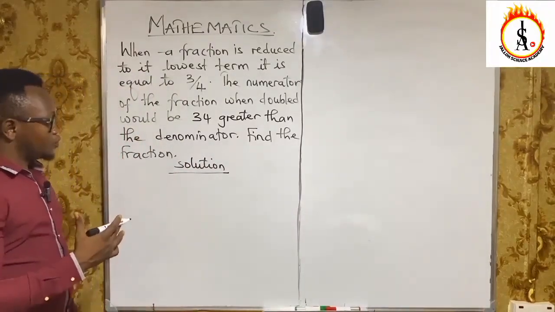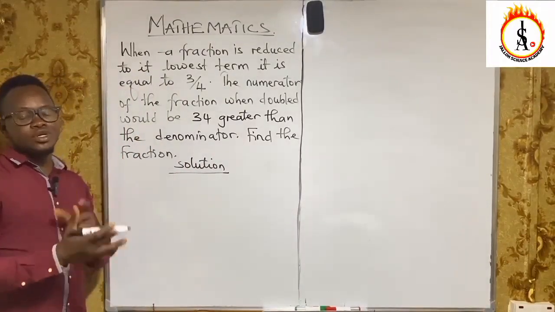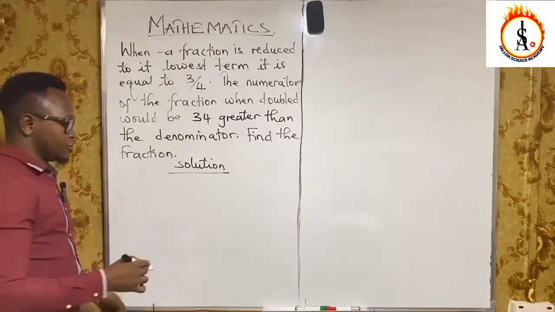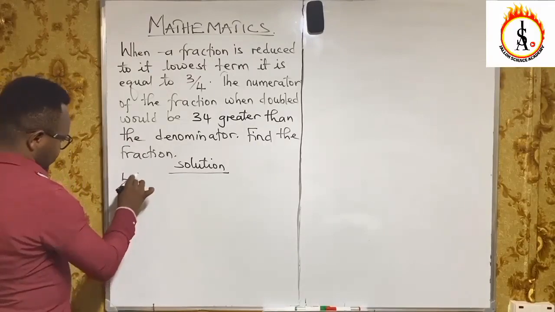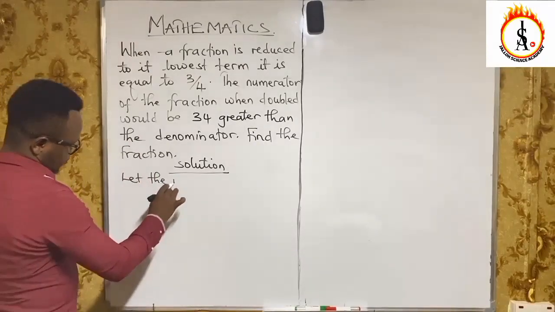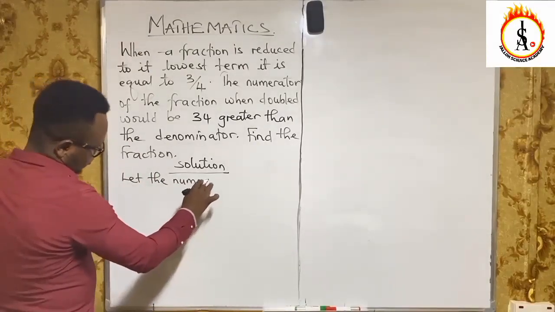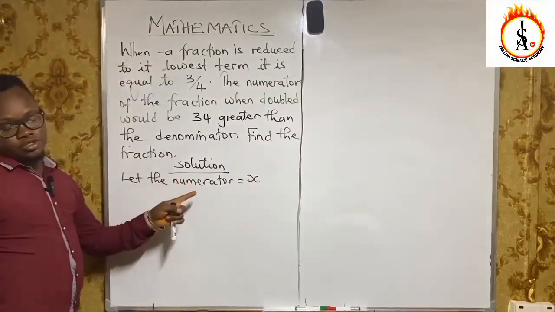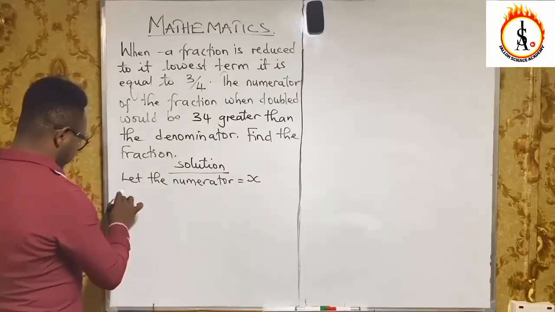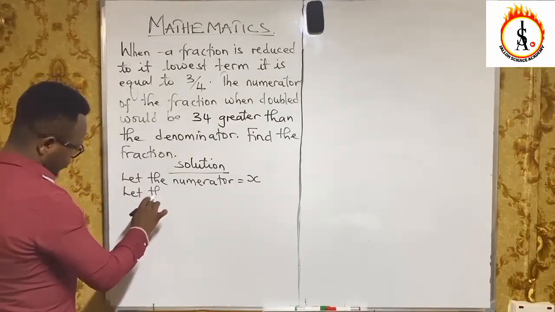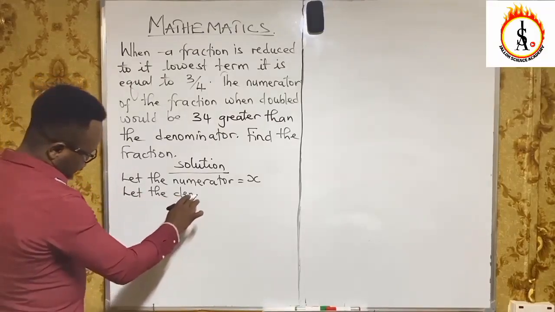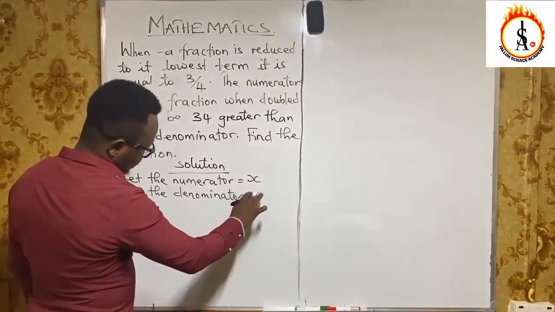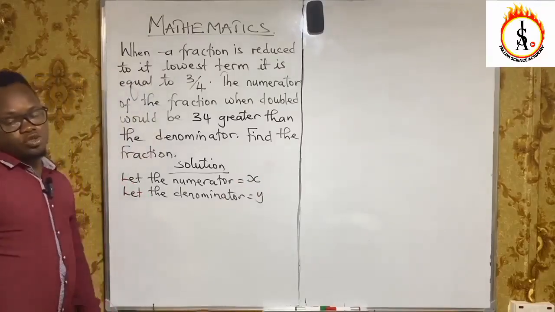We are going to let the numerator and the denominator of the fraction be letters because we don't know the fraction. So we let the numerator be x, and we let the denominator be y.